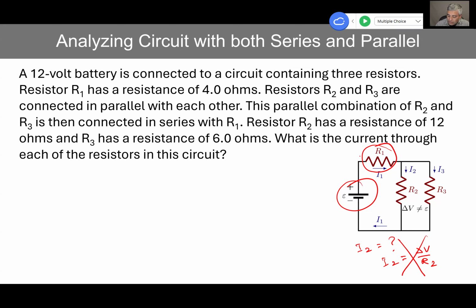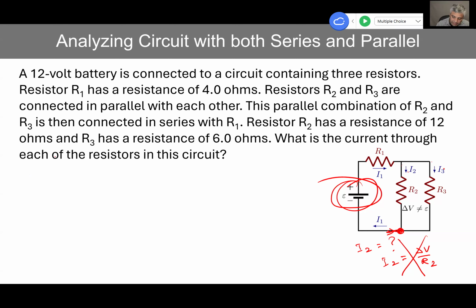So how do we do that? First, we need to combine these two. See over here, these two are connected here and connected back here. So these two, I2 and I3, come here and recombine, okay? And over here, the same current is split into two. So we can say these two are in parallel to each other, okay? So let's see, our delta V, or in this case, it says EMF.